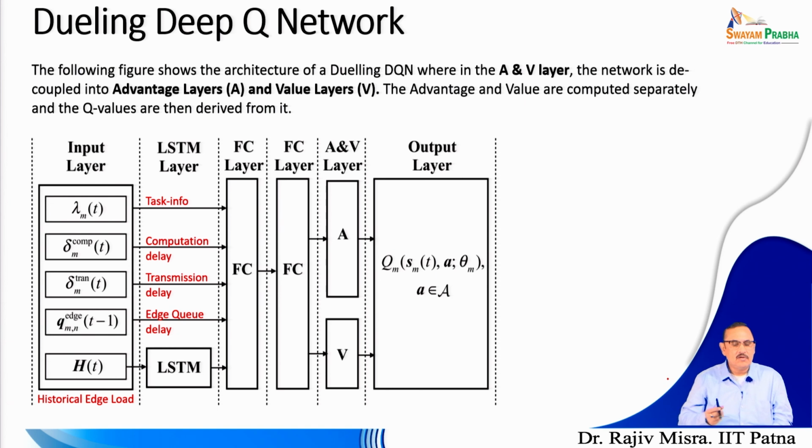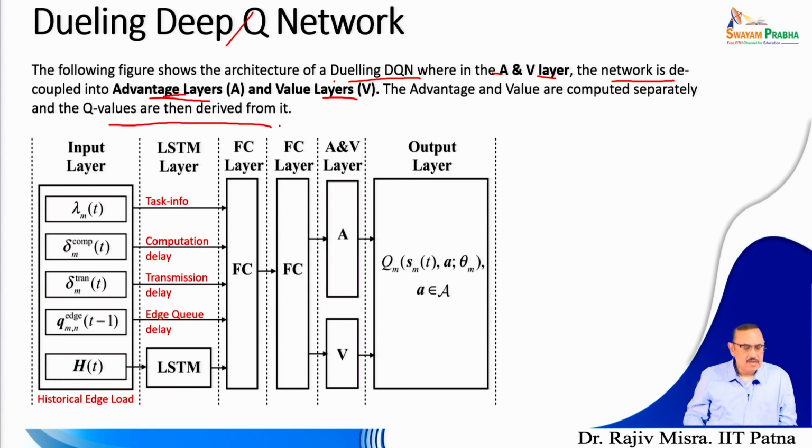Now, let us see about dueling DQN. The following figure shows the architecture of a dueling DQN, where the network is decoupled into advantage layers and value layers. The advantage and value layers are computed separately and the Q values are then derived from them. Here you can see this is an input layer and this is an LSTM layer, and here this is a fully connected layer, and this is what is called the advantage layer and the value layer.